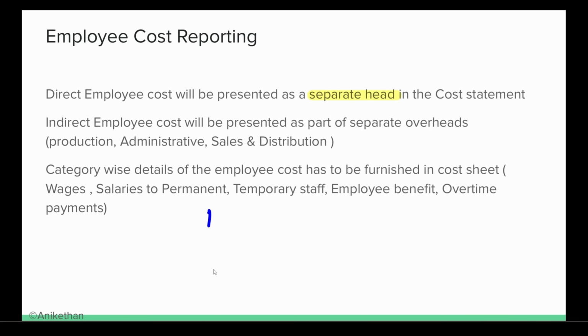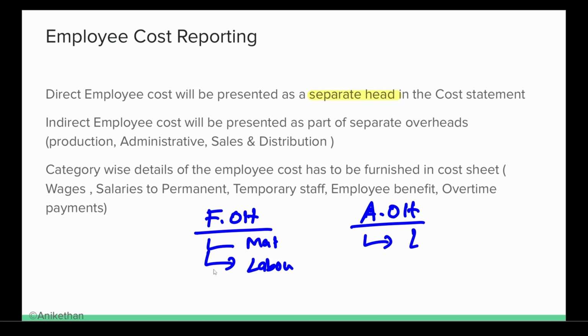For example, if you take factory overhead, here you will have material, then you will have labor. Similarly, in administration overhead, you will have to mention labor separately. That is the meaning of this sentence. Category wise detail of the employee cost has to be furnished in the cost sheet.